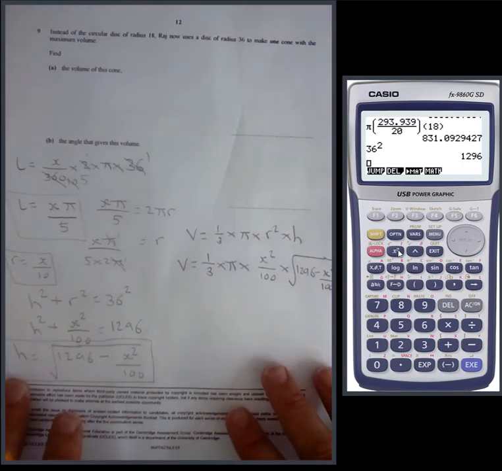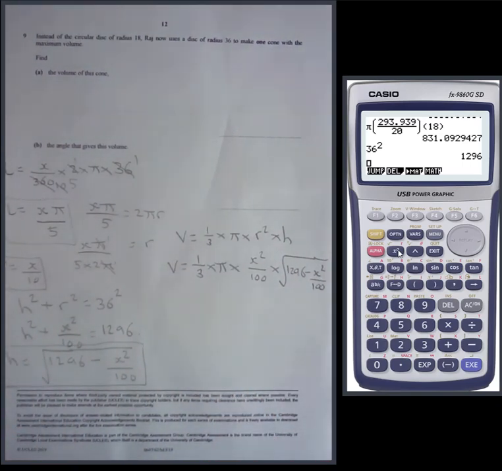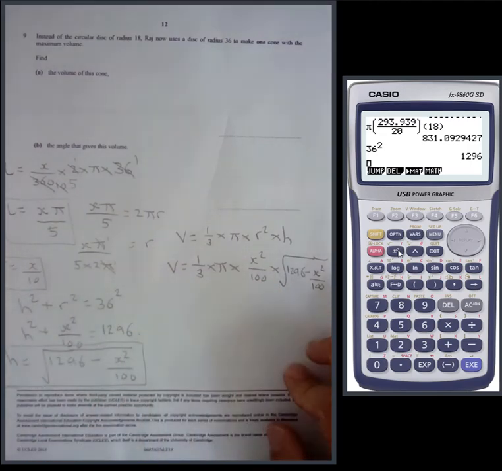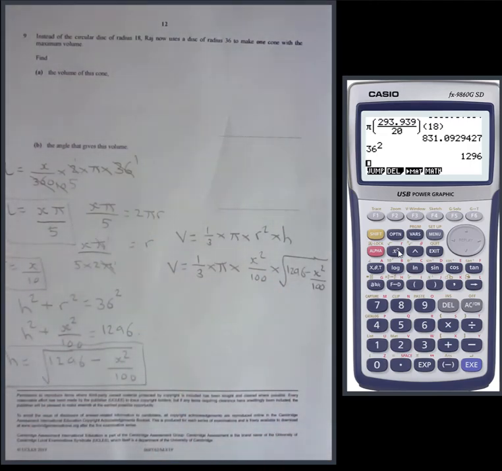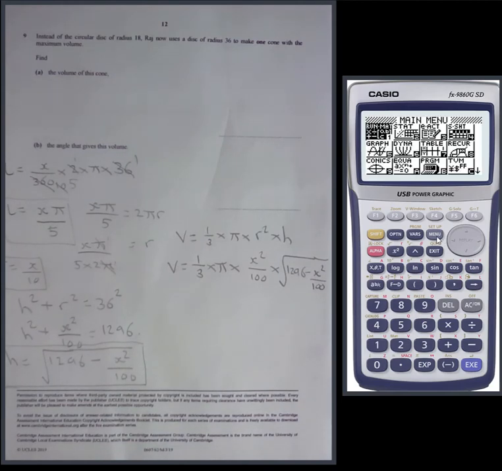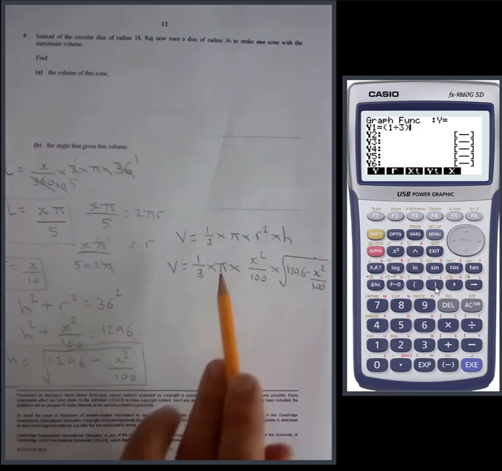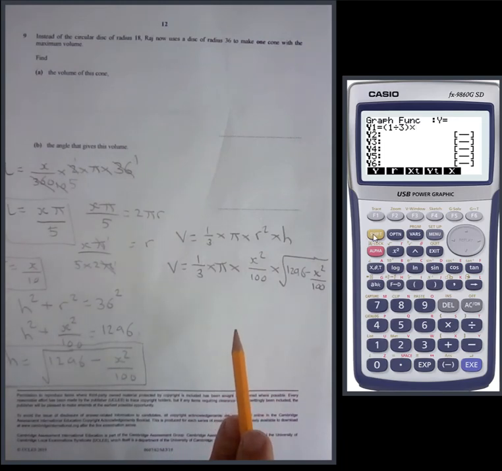Now what we could do is write that as a decimal, as in multiply all of this together, or you could just whack it in like that. I'm tempted just to put it in like that. So I'm going to go back to the graph and type in 1/3. Now my calculator is no good, so I'm going to put in brackets 1 divided by 3. But if you've got a decent calculator, you can just put 1/3 times pi times x squared over 100.